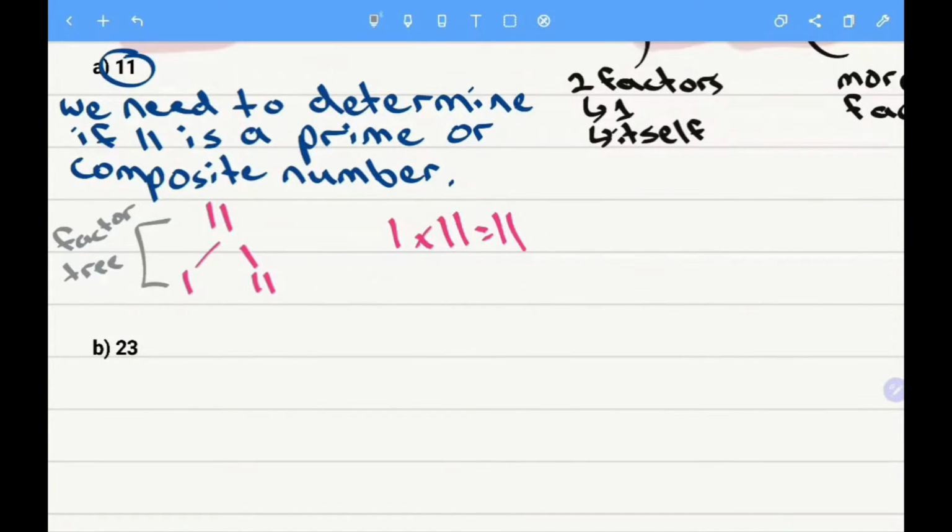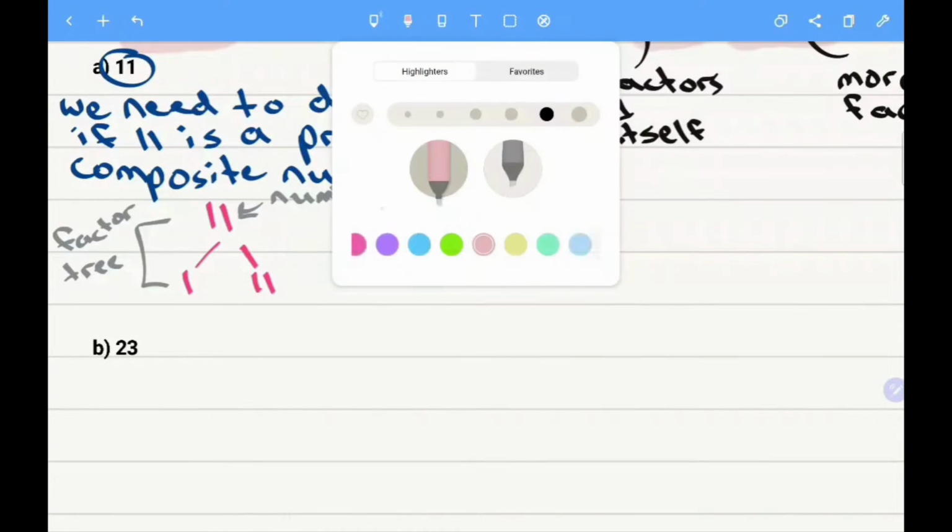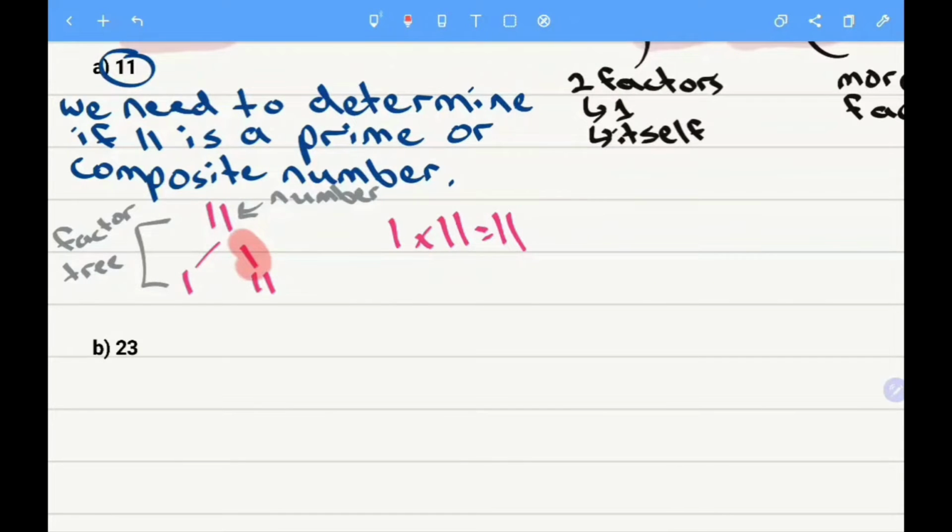And in a factor tree, you start off with your number, and these lines here are your branches. Okay, they're your branches. And these 2 numbers here at the end are your factors. So these 3 components make up your factor tree.